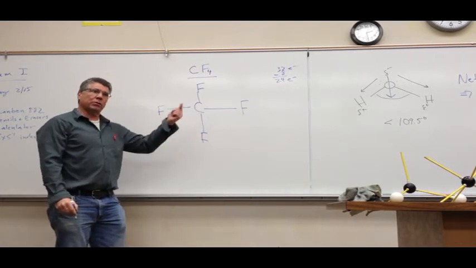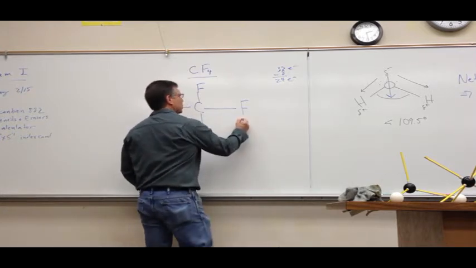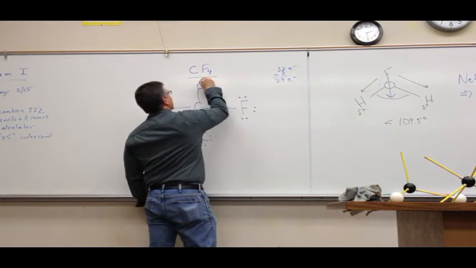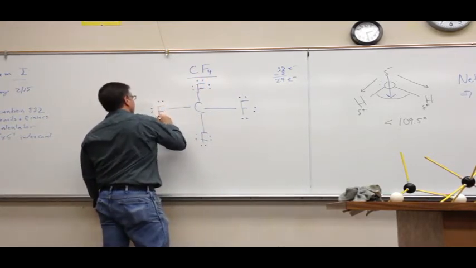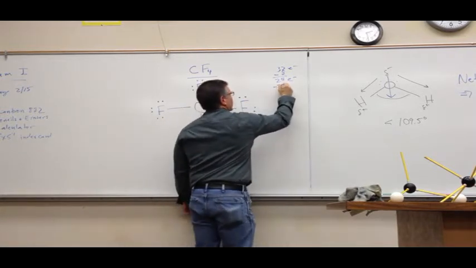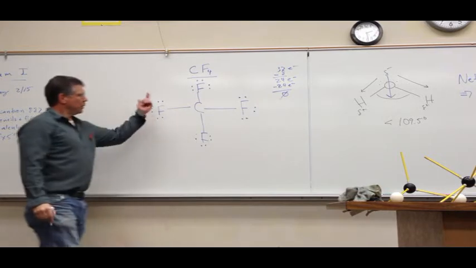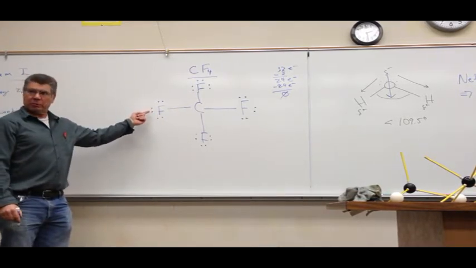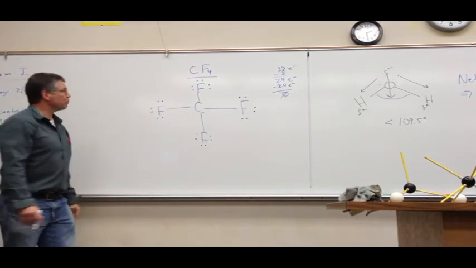Times 4 is 24. That's how many we have. Put it in. The octet rule is satisfied. The formal charge on each of the fluorines is 0. The formal charge on the carbon is 0. That's the best we're going to do.